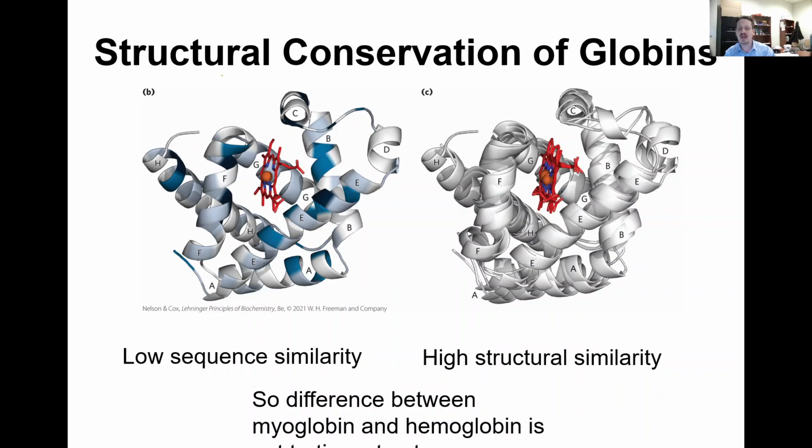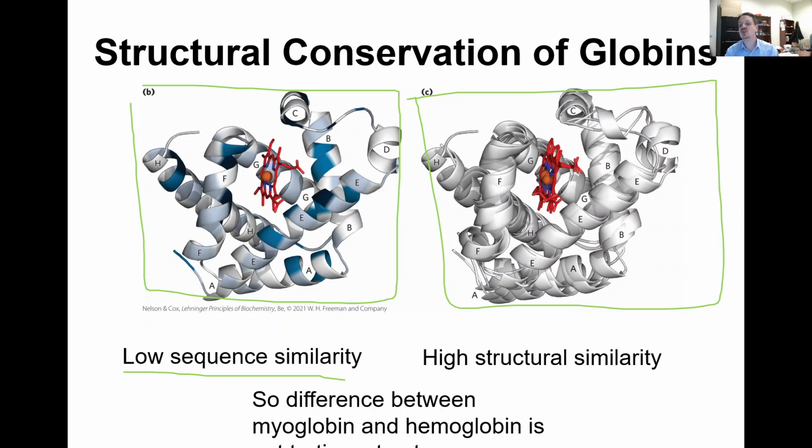If we look at the sequence of hemoglobin, blue shows similarity, white shows dissimilarity. We can see that there's not a ton of sequence similarity, but there is a lot of structural similarity, where if we overlay several globins, they're very, very similar. Low sequence similarity is not uncommon in families, because a valine and a leucine, for example, could belong to the same family.